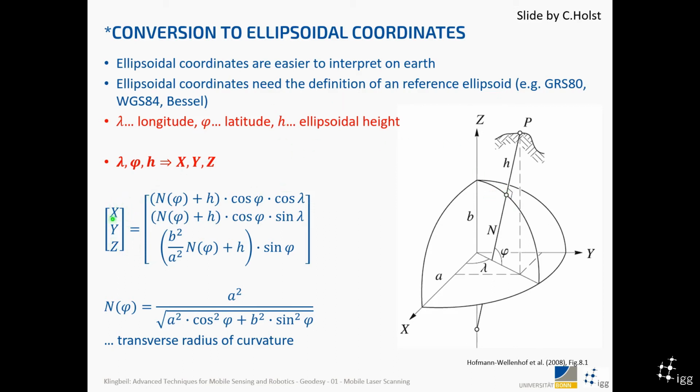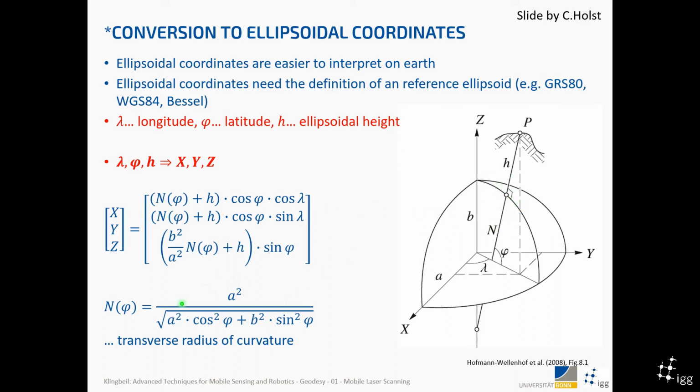If you have here the transformation from longitude, latitude, height to x, y, z, to these ECEF coordinates, there is a value in there called N here, which is the transverse radius of curvature, and this basically defines where the ellipsoid is, right?